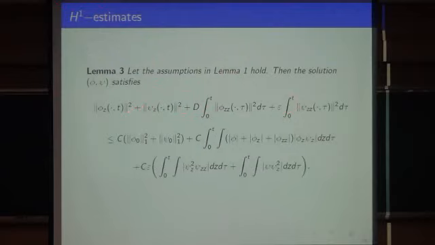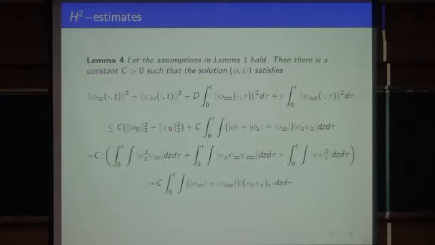In fact, you don't need a smallness for this. You don't need the two states to be small, to be close, to estimate H1. You only need that for the L2 estimate. But the H1 is like a standard. It's like L2.